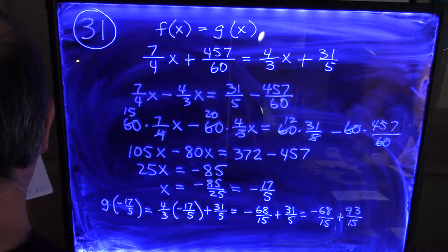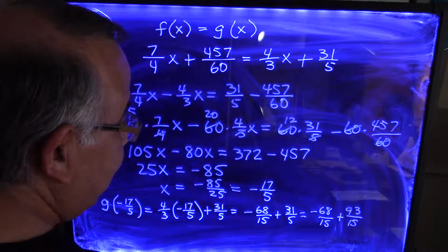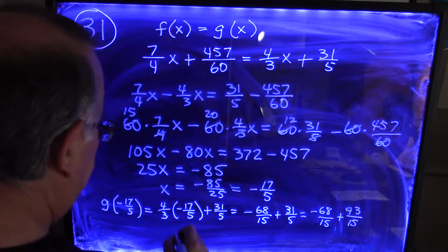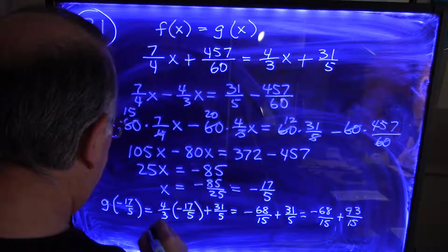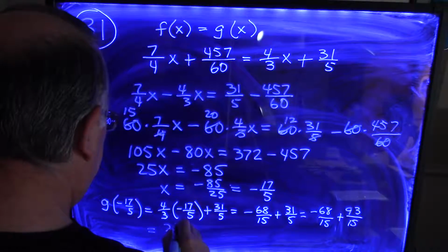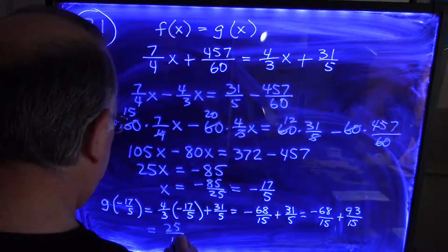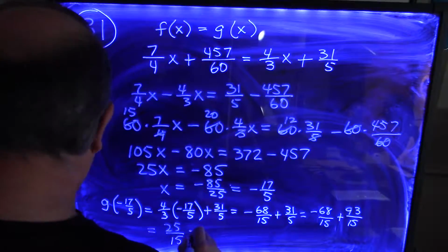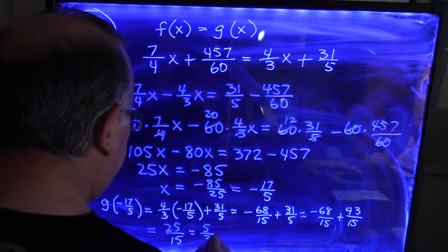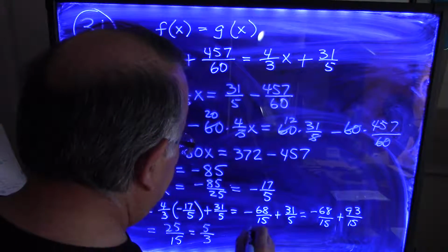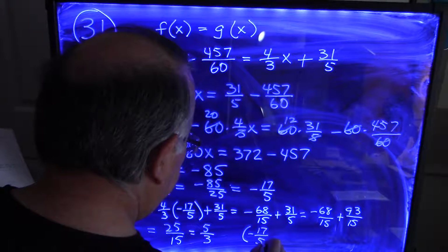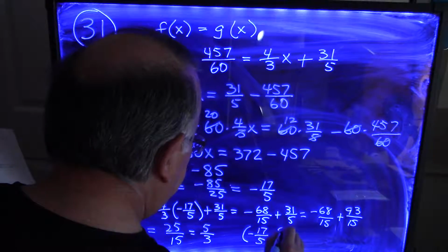Alright, so you do 93 minus 68, and you get 25/15, and that reduces to 5/3. So the point of intersection is x equals negative 17/5 and y equals 5/3.